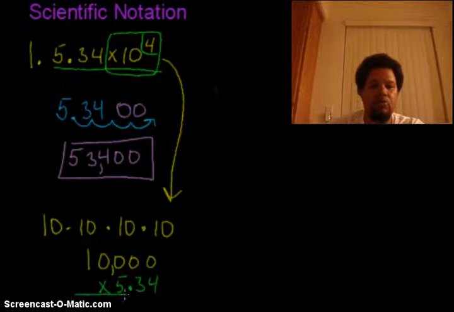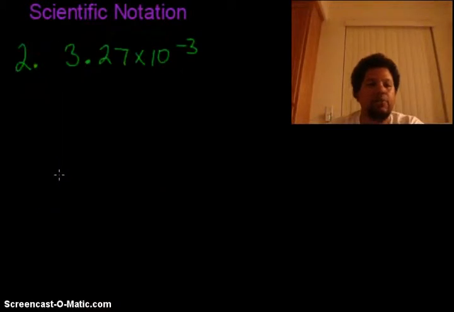If you multiply this all the way out and move the decimal, you will get this number, 53,400. But instead of doing all this work here, we just know if it's a positive exponent, it moves the decimal to the right that number of spaces.